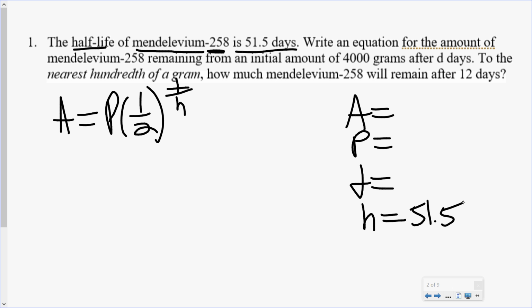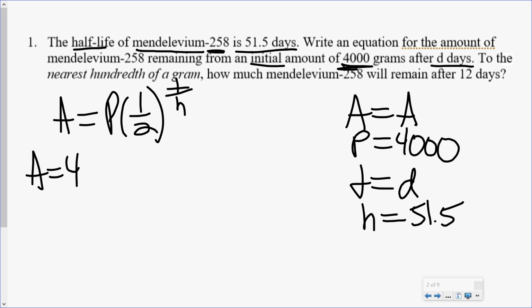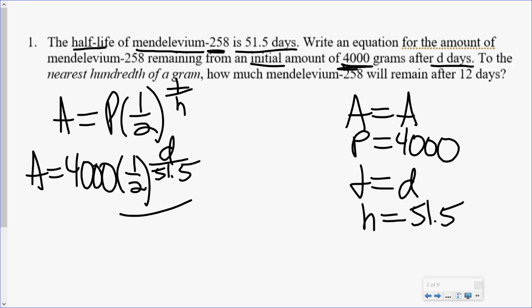It's the time it takes for the percent to be applied. 4,000 is the initial amount, and it wants an equation after D days, so that's going to be T. A is going to be A. So because it's just asking for an equation right now, I'm going to start by writing an equation. A equals 4,000, 1/2 to the D over 51.5. That's an equation to represent the situation.